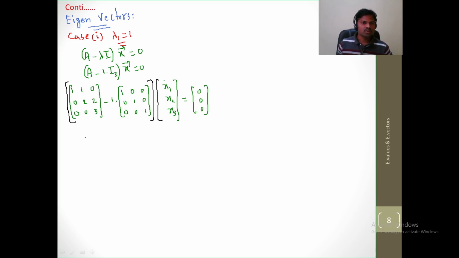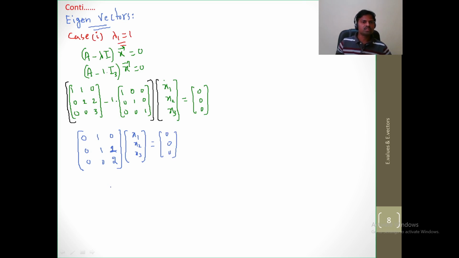Now simplify: 1 minus 1 is 0, 1, 0, next 0, 1, 2, next 0, 0, 2. This is the resultant matrix of A minus I3, into the unknowns x1 x2 x3, equal to the null matrix 0 0 0.